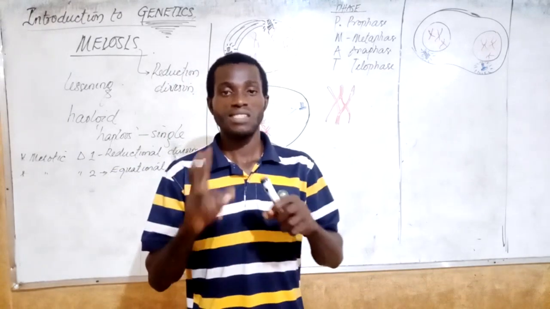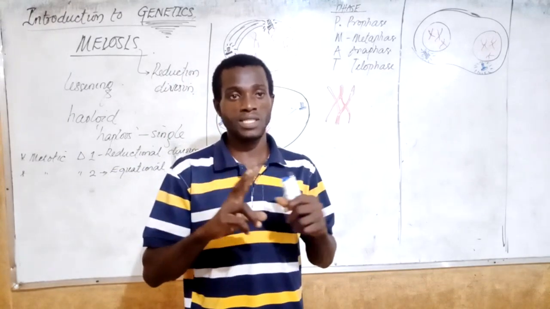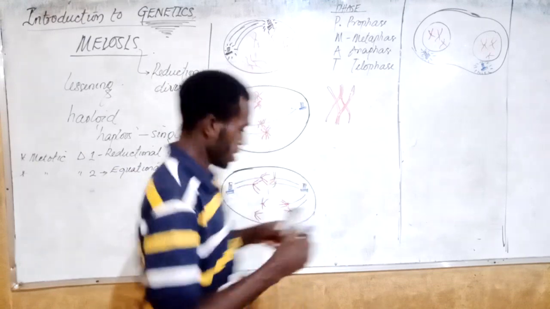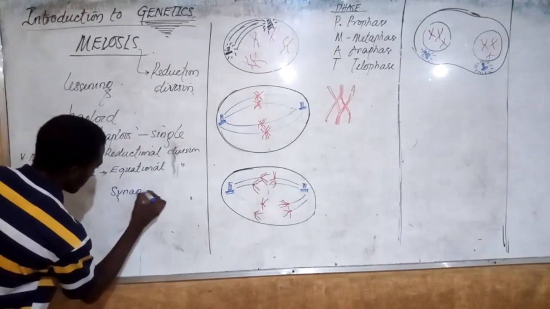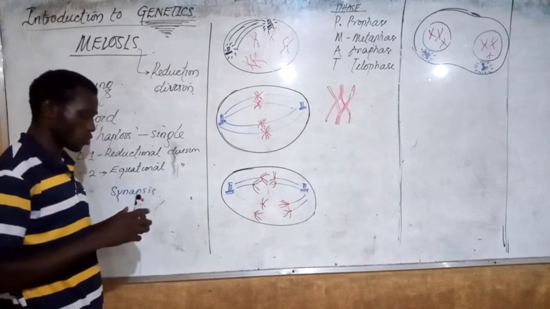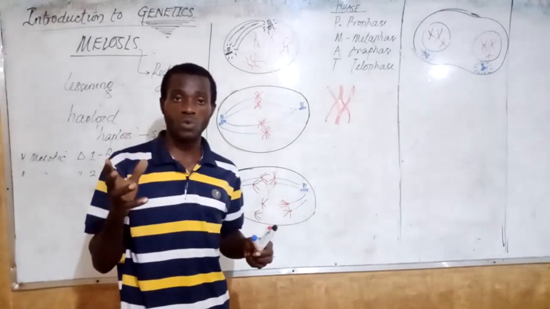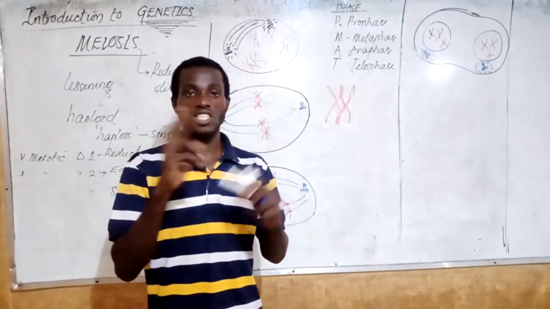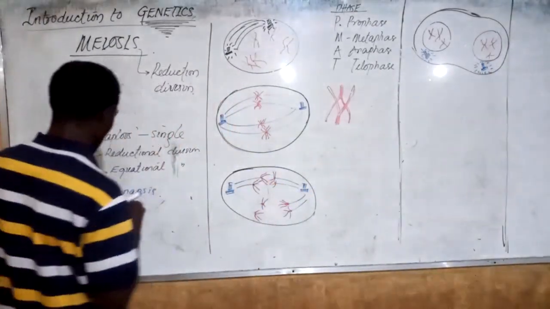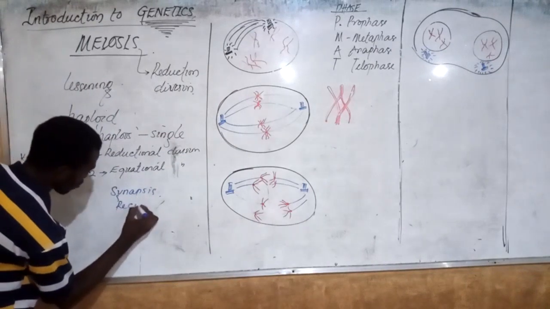The chromosomes synapse, and it is homologous chromosomes that actually synapse. After synapsing, they exchange genetic material through a process called recombination or crossing over.